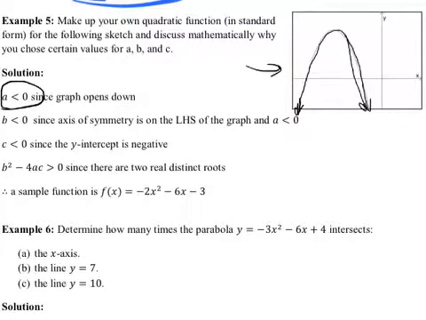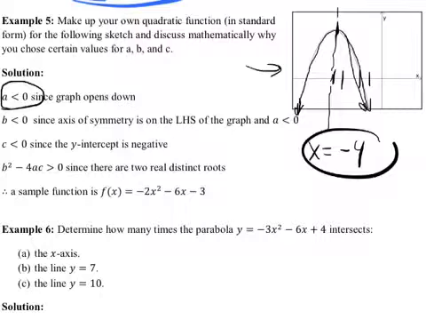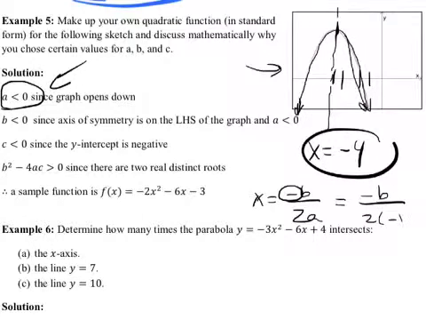Then we look at this and say, well, here's the axis of symmetry right here, which is some negative quantity. It's like x equals, say, -4. It doesn't matter, but it's a negative quantity. By definition, the axis of symmetry is negative b over 2a. But there's a negative here, and a is negative, so we get negative b over 2 times some negative quantity.